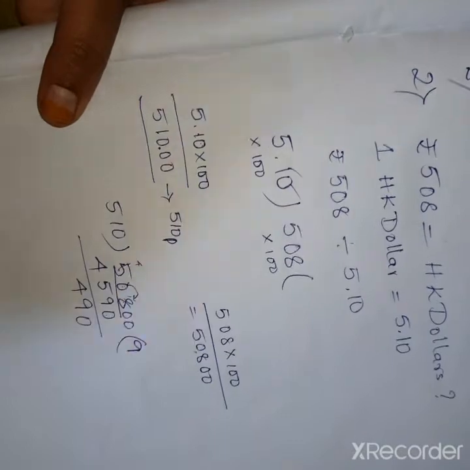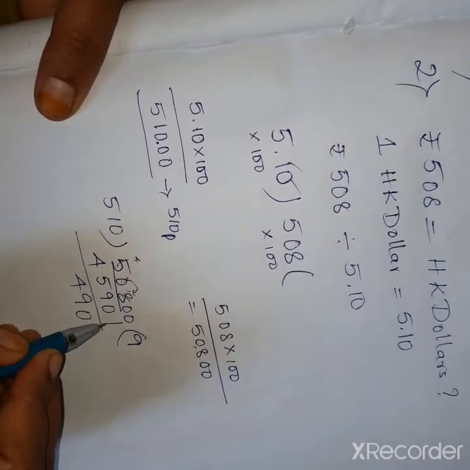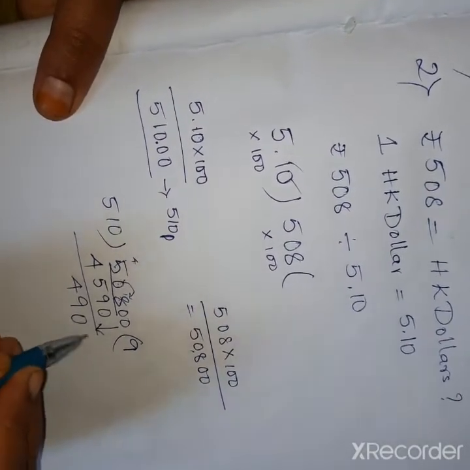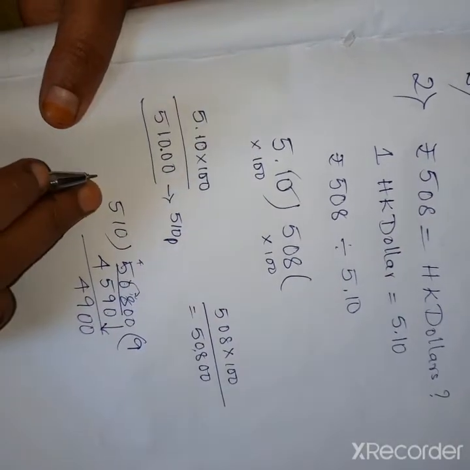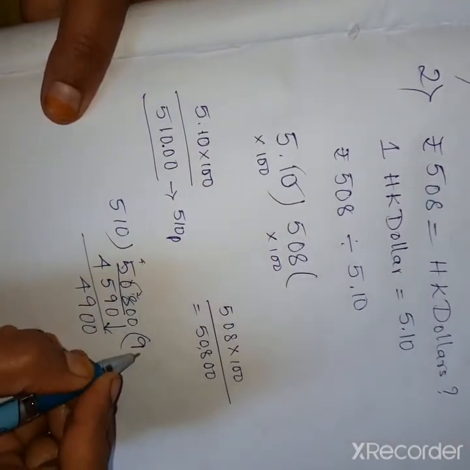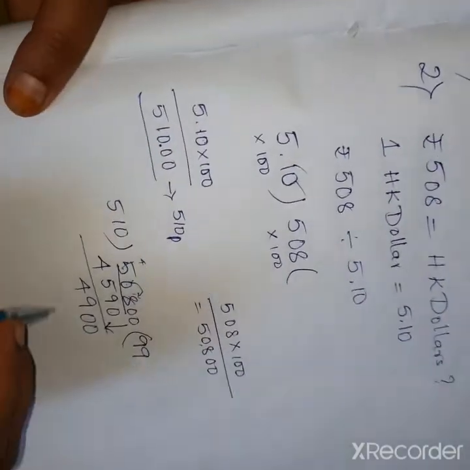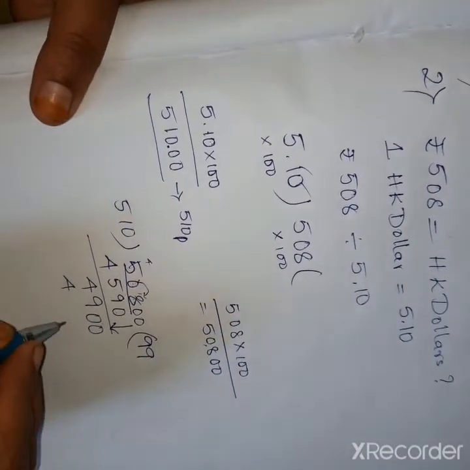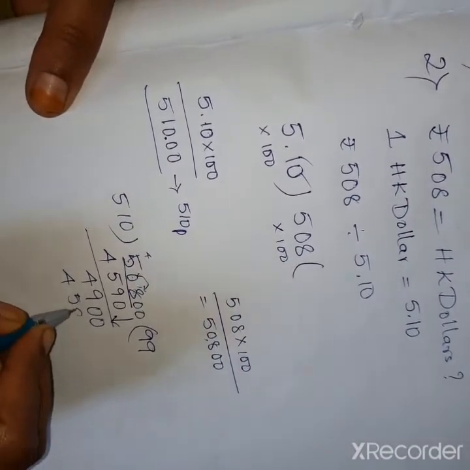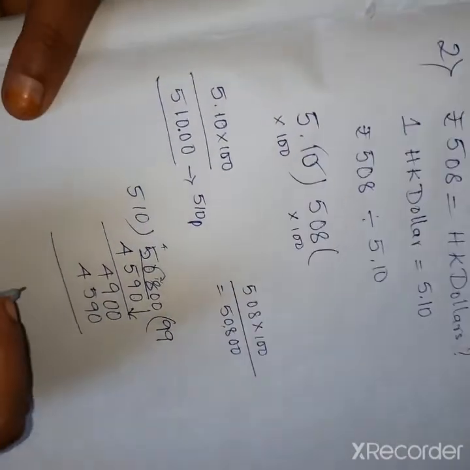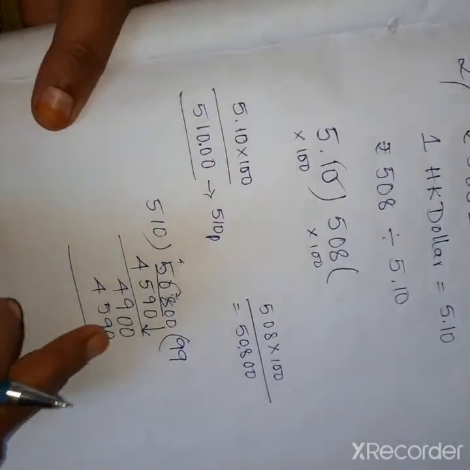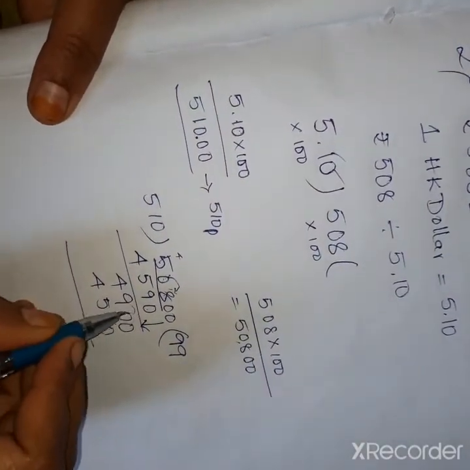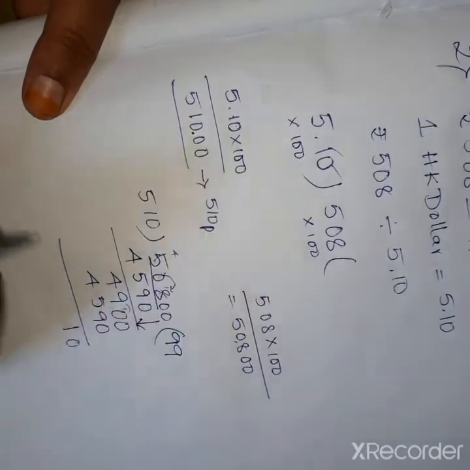4 minus 4, 0. Okay, just one more 0 that we will bring down here. And again we will do 510 into 9 gives us 4,590. Again we have to do the subtraction. 0 minus 0, 0, and 10 minus 9, 1.